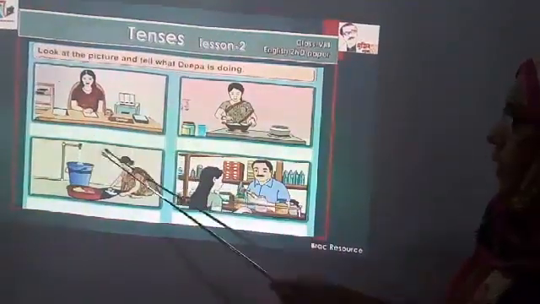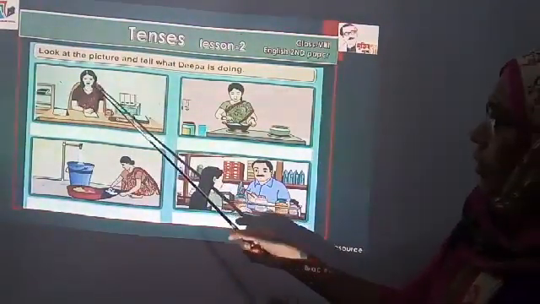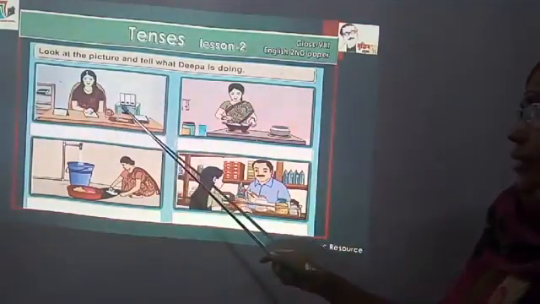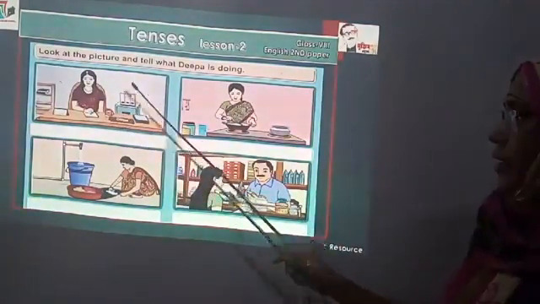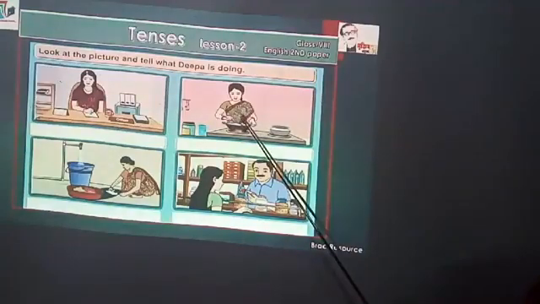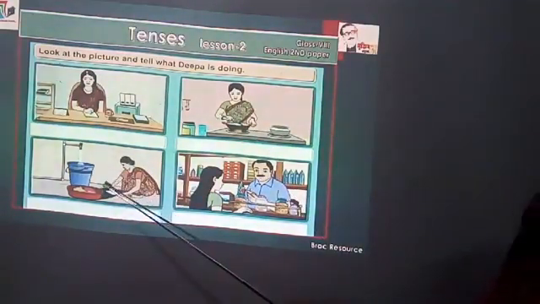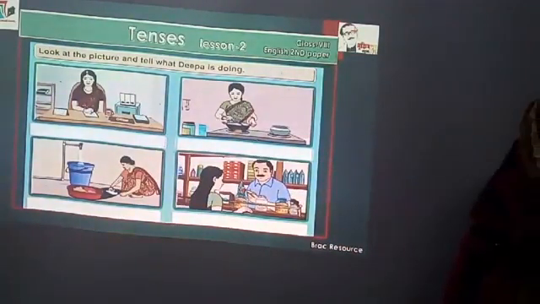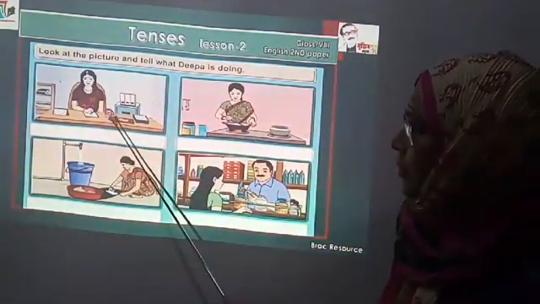Look at the picture. There are 4 pictures. You have to tell what Deepa is doing. What is she doing here? Can you guess from the picture?